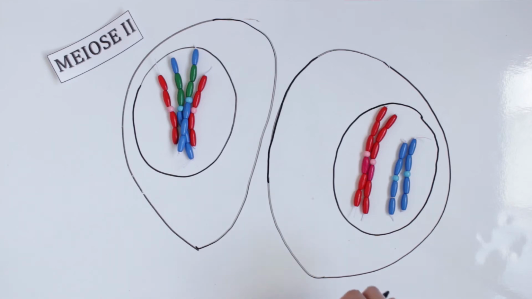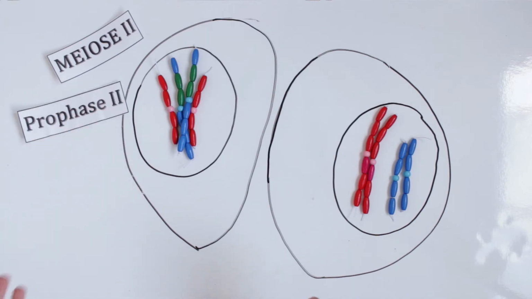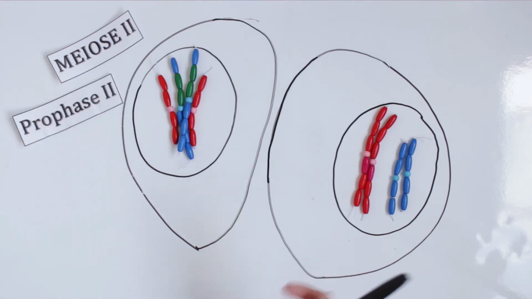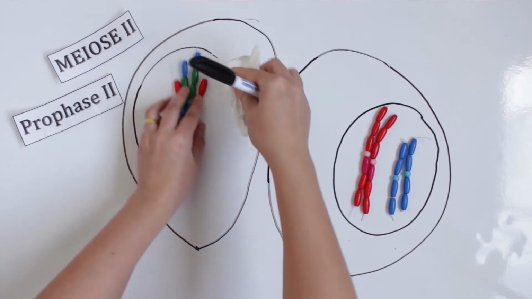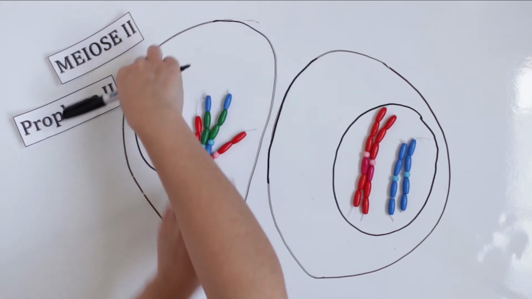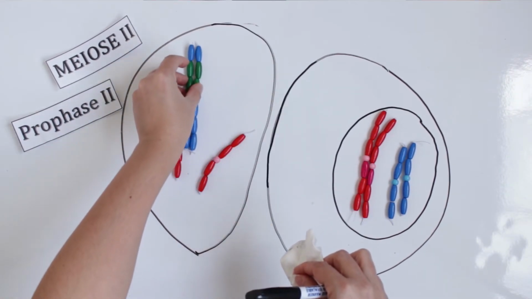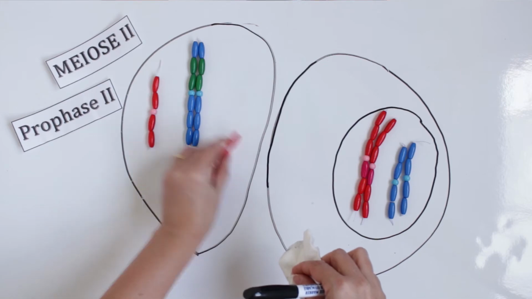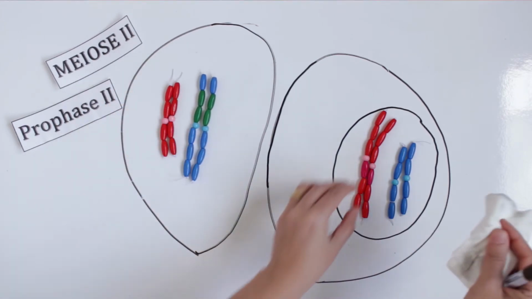What happens in meiosis 2? What's the first phase? Also prophase. What happens in prophase? The usual. So, my nuclear membrane disappears. And my DNA condenses. So, I can see the chromosomes again.